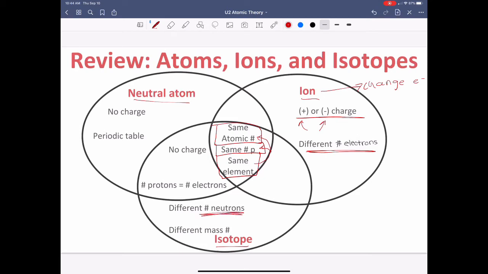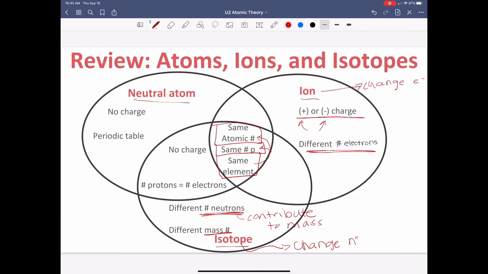All right, and as a result, because neutrons contribute to mass, therefore they end up with a different mass number. So they contribute to mass and therefore give us a different mass number. So isotopes change neutrons. All right, that is compared to your neutral atom that has no charge and found on the periodic table.